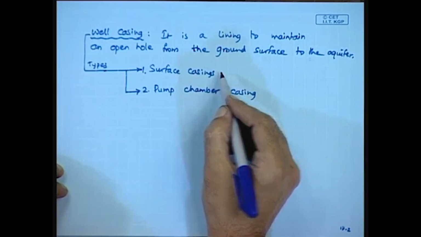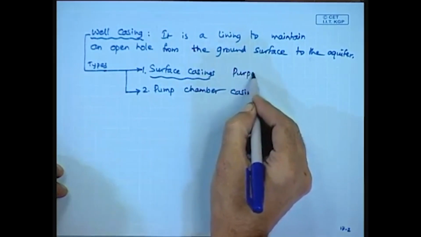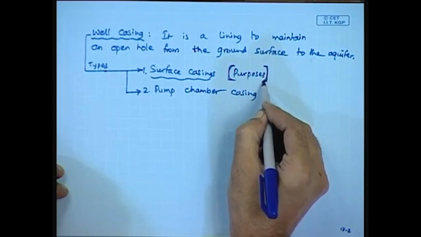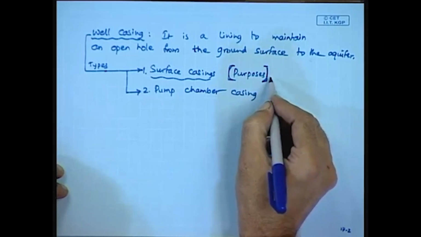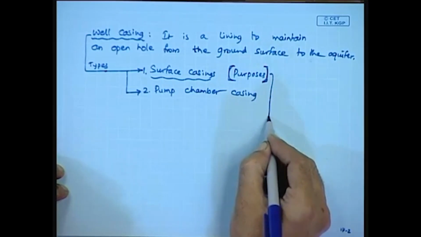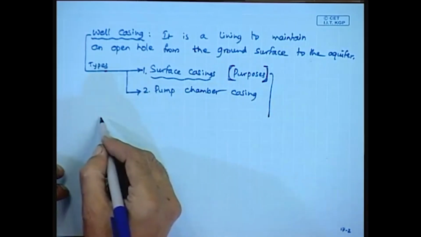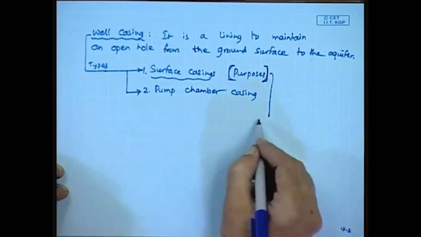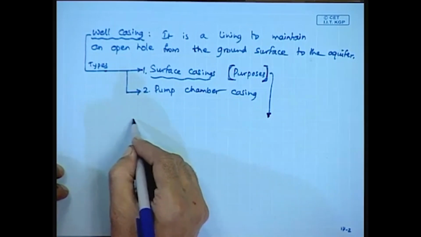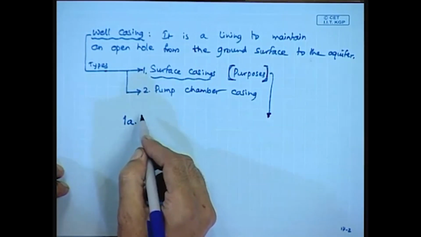Here you can say the purposes of surface casings, which are installed at the surface level, are, let me write here, 1A. That means 1 refers to surface casing and A refers to the first purpose.